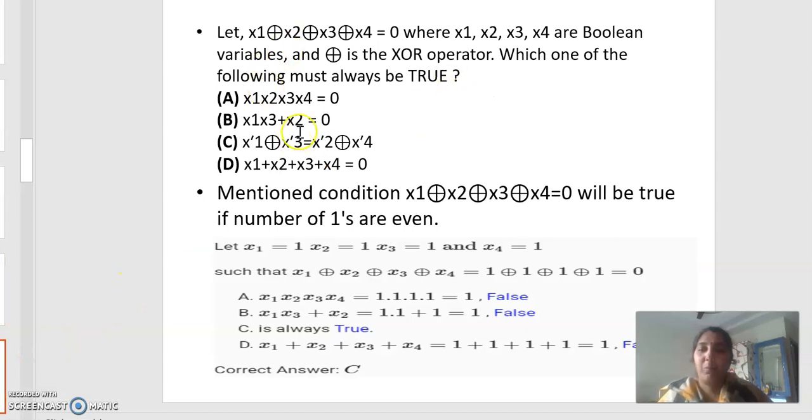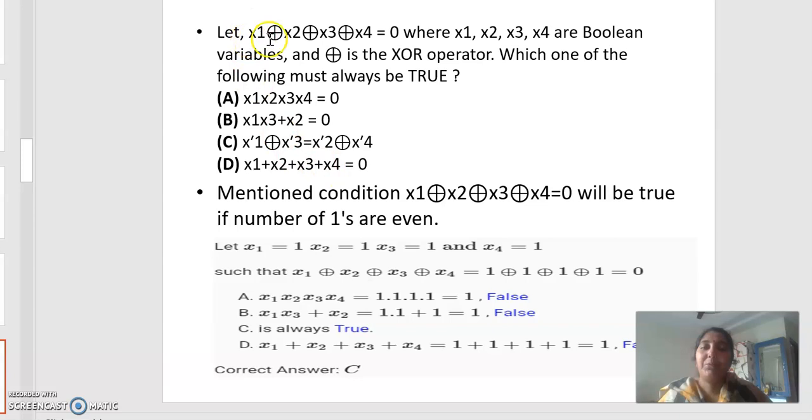Similarly, we'll see one more problem. Let x1 XOR x2 XOR x3 XOR x4 equal 0, where x1, x2, x3, x4 are Boolean variables and this symbol denotes the XOR operator. Which one of the following must be true always? These are the options.